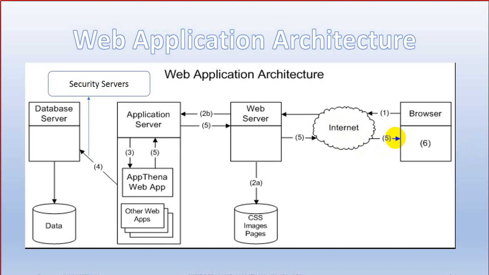Once you click on that, it goes to the web server. A web server is where the application is running. There is also an application server, so there are two types of servers, web servers and application servers. Before going further, it checks your username and password for authentication.